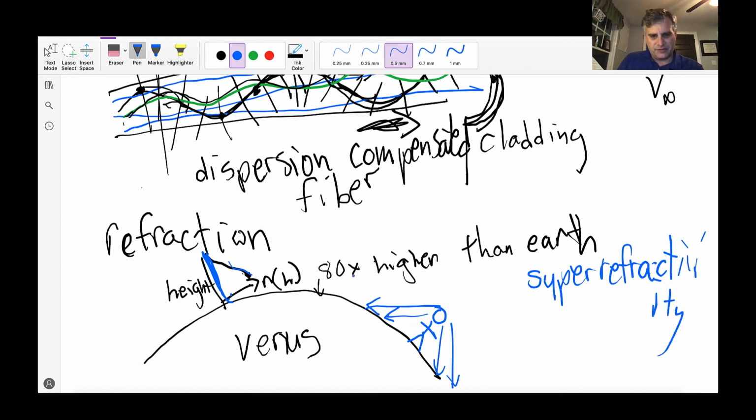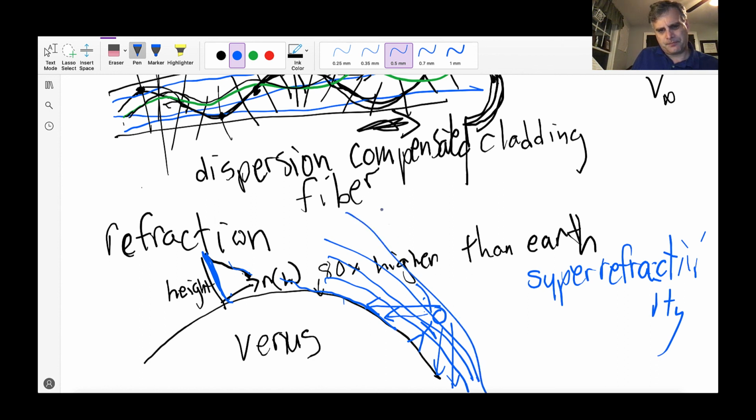In other words, if you trace those rays, let's try to draw our iso index of refraction surfaces. If you were to look up, that ray that we trace gently bends down, and you can actually see over the horizon.